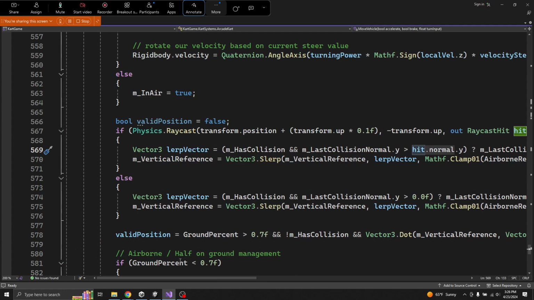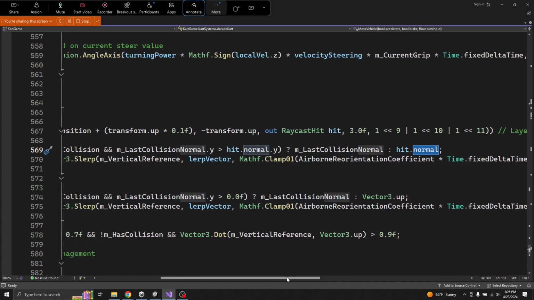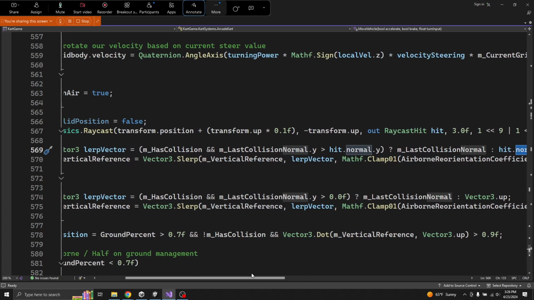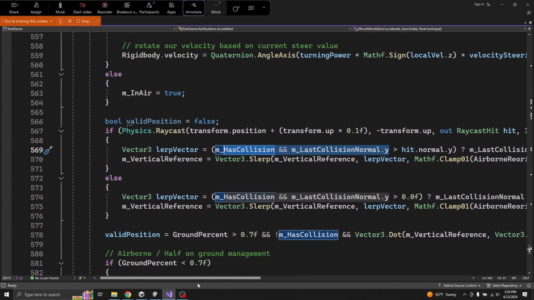Ultimately, this vector 3 is going to be set to this or this. Basically, our last normal that we hit, or our current normal of whatever this physics hit was. So basically it's like saying if our last collision had a better normal pointing up, or more correct normal, then we're going to use that one. Otherwise, we're going to use the new one.